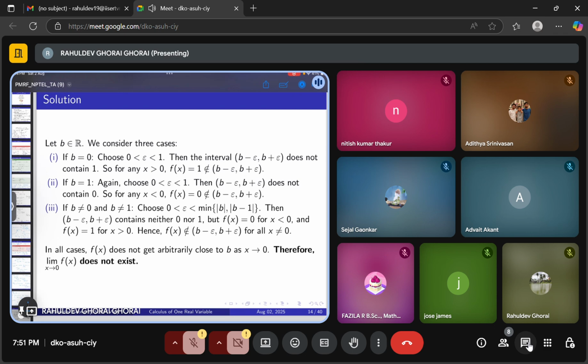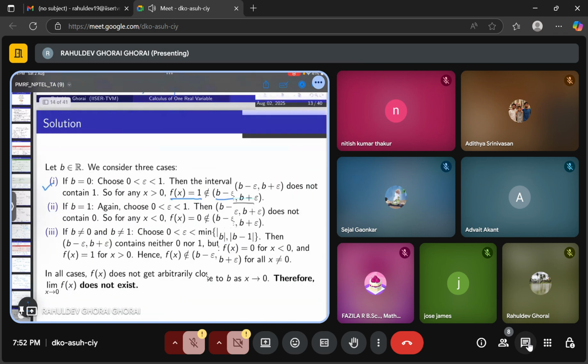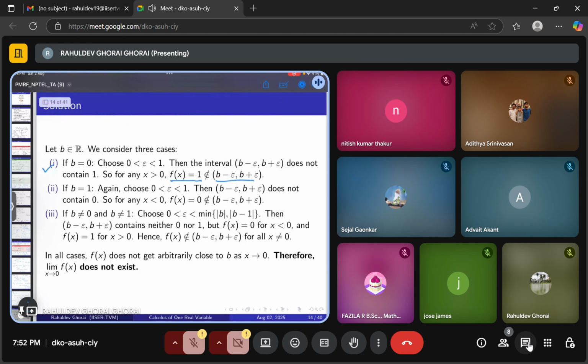See, this was the first case, and we saw that if f(x) is 1, it cannot belong to this. Now take b equal to 1.